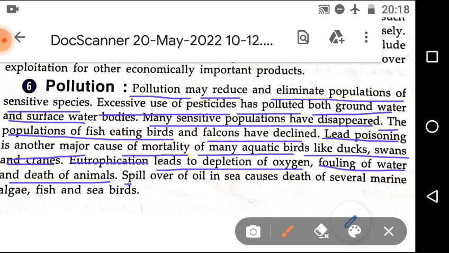Oil spillage, that means spilling of oil from the oil extracting plants, can cause death of several marine algae, fish, and seabirds, because oil makes a layer on the water and oxygen cannot dissolve in the water, resulting in depletion of oxygen. This automatically causes death of those organisms, or they have to move to another place if it is a sea or river.